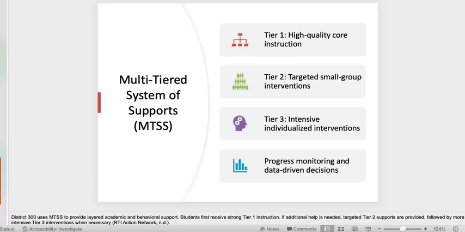Research shows that response to intervention models like MTSS helps schools identify learning difficulties earlier and provide supports before formal special education referrals become necessary. This is from RTI Action Network.